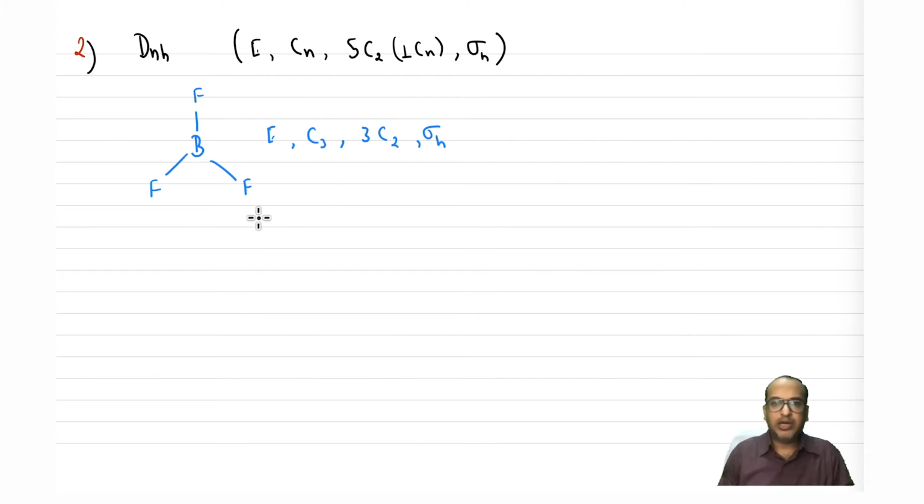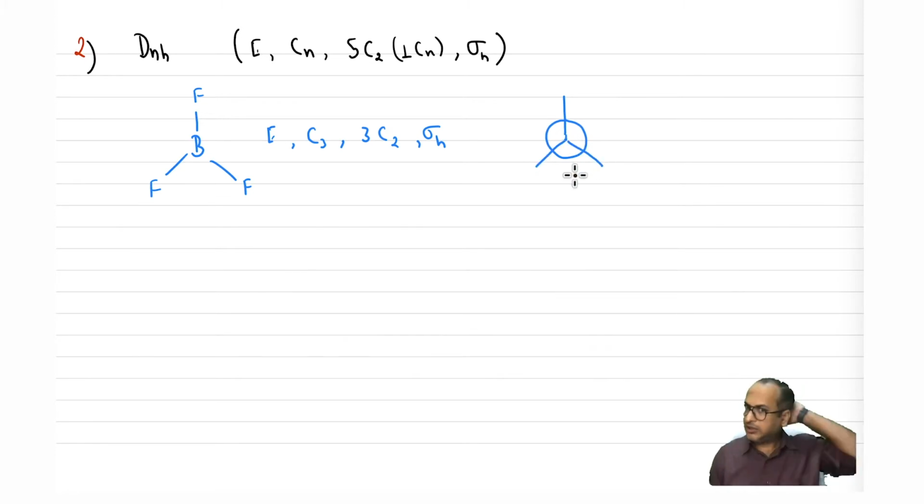Then we also have, or we have not seen but let's see, eclipsed ethane. We have seen the case of staggered ethane when we were discussing the S6 axis, right? In this case, let me draw the one with a slight angle, but there is actually no angle to it.